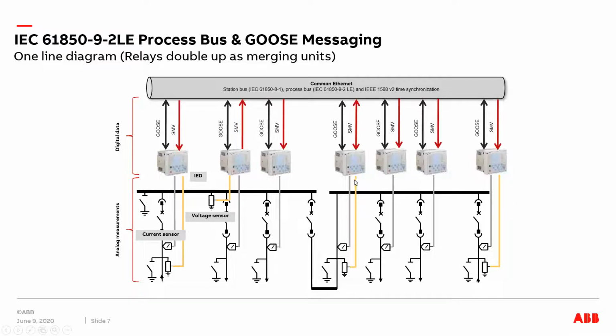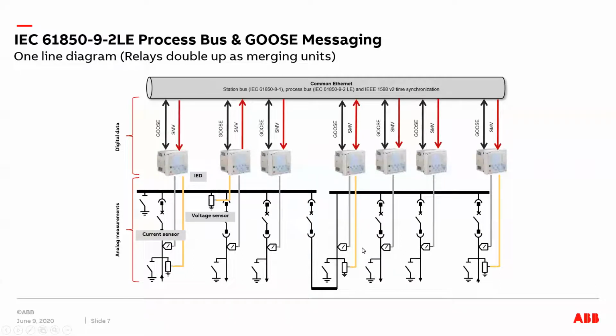Okay, and that voltage is shared between the relays on the bus B. So there is no wiring required between multiple relays from the same voltage sensor, or in the traditional sense from the same PT. So we are using that sample value sharing here. And each panel has its own respective current sensor.